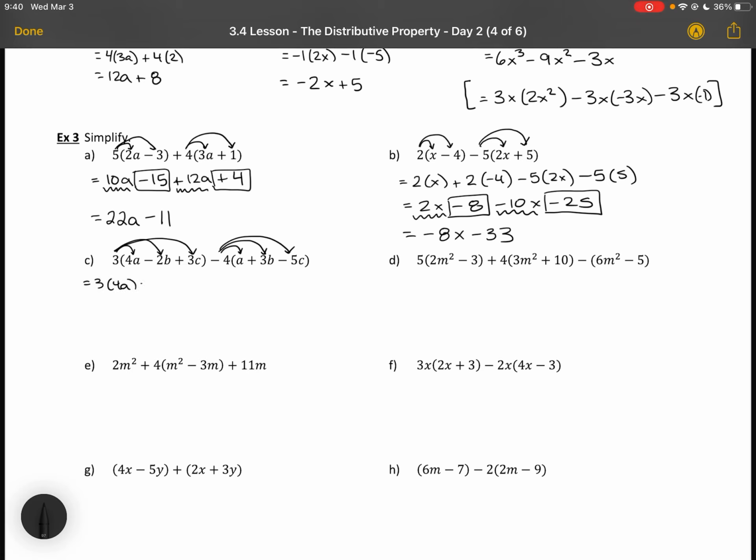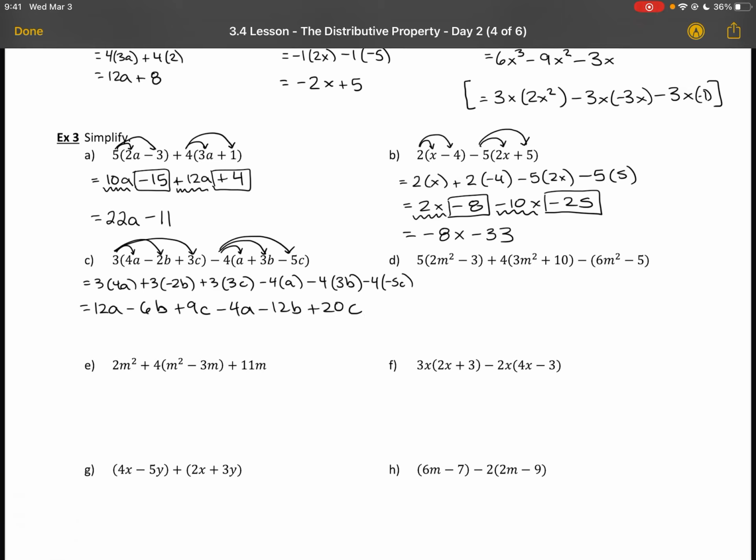Multiplying those out, I've got 3 times minus 4a plus 3 times minus 2b plus 3 times 3c minus 4 times a minus 4 times 3b, and finally minus 4 times minus 5c. So 12a minus 6b plus 9c minus 4a minus 12b plus 20c.